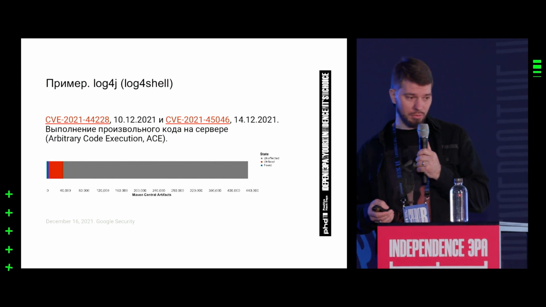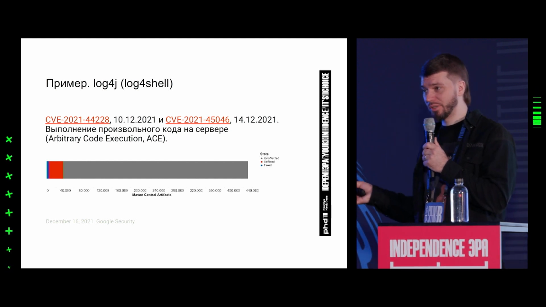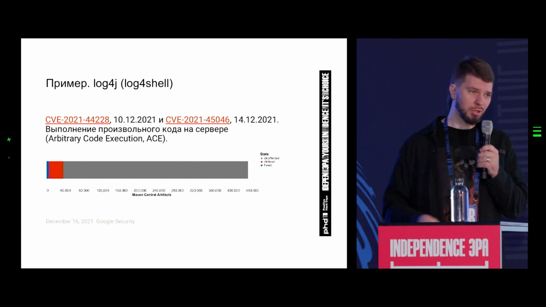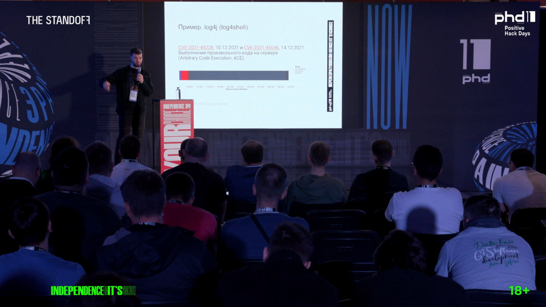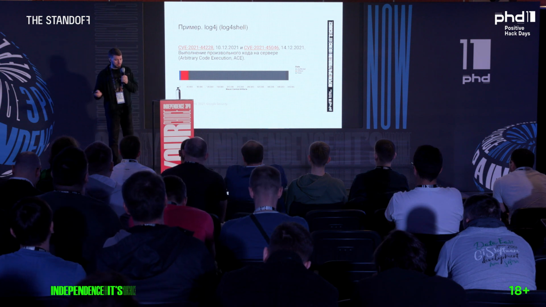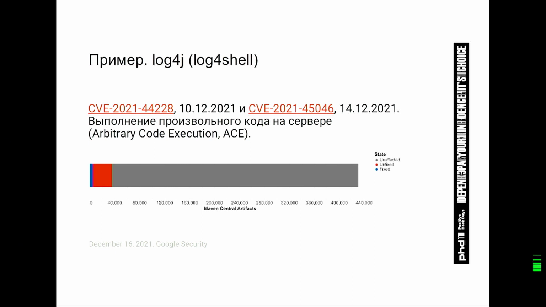So let's do problem setting first. It's pretty easy. We have this well-known group of vulnerabilities that we started to identify on the 10th of December 2021, and we started to remediate it. It was a very unpleasant thing, and it was all over the news.